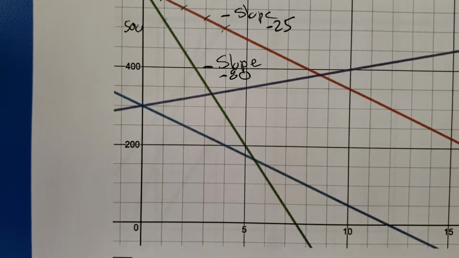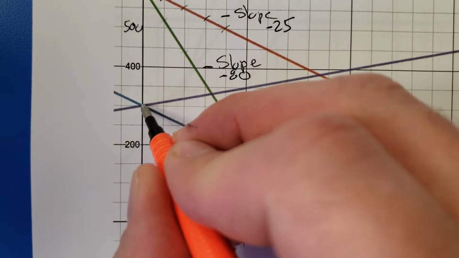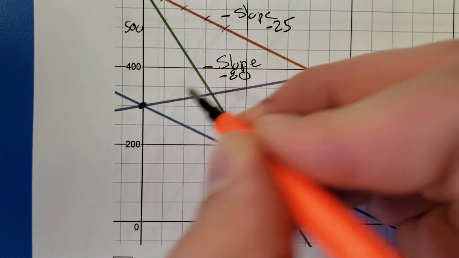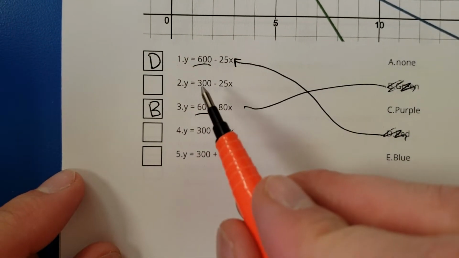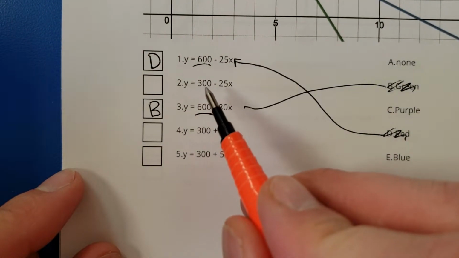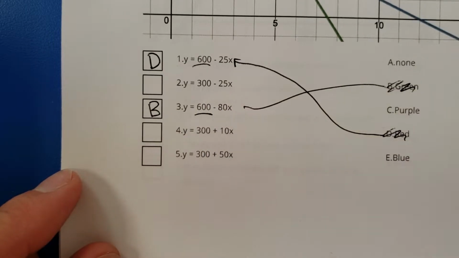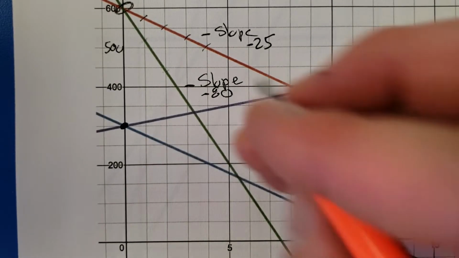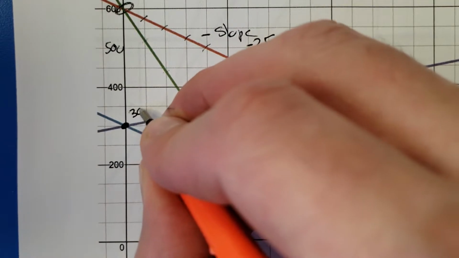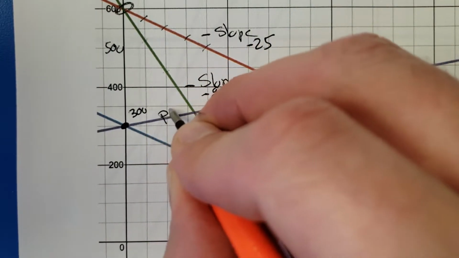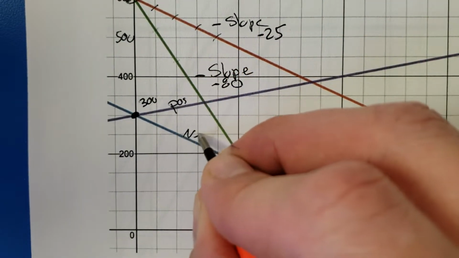Blue and purple both have a y-intercept of 300. All that we have left is 300s. We have one with a positive slope, so you start at 300 but have a positive slope, and then you've got a negative slope.